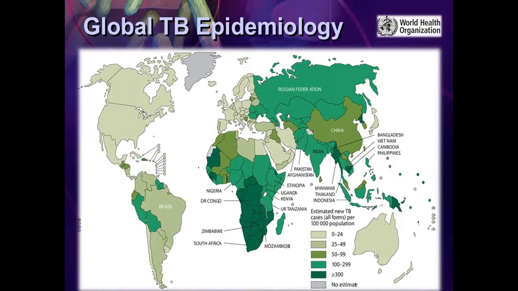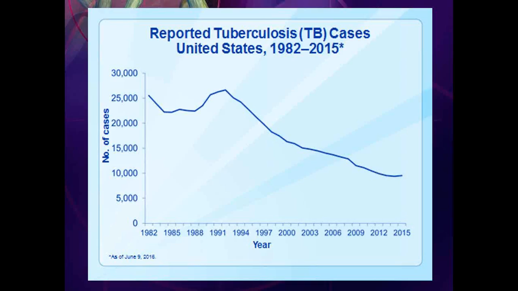So global TB epi, you've seen this before. The darker you are on the map, the higher your incidence and prevalence of TB is. Sub-Saharan Africa and Asia are notable. And then, of course, Western Europe and North America are notable for quite low rates. The epi curve in the U.S. continues to decline, although last year we leveled out.